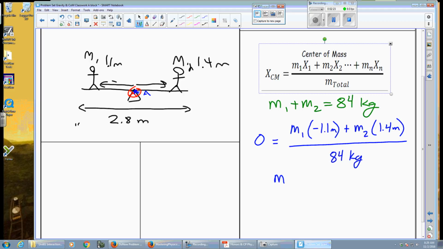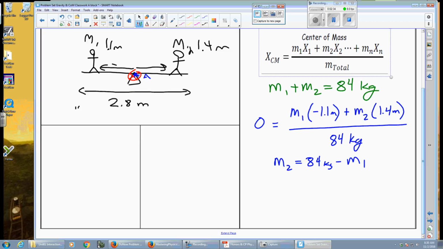So maybe I'll just rearrange my first equation to be M2 equals 84 kilograms minus M1. Then I can substitute that in and have M1 times negative 1.1 meters plus 84 kilograms minus M1 times 1.4 meters, all equals 0.